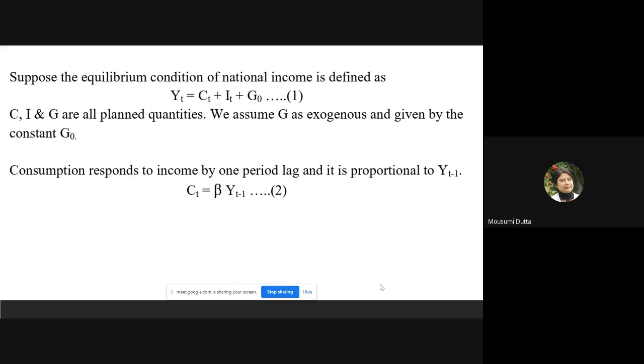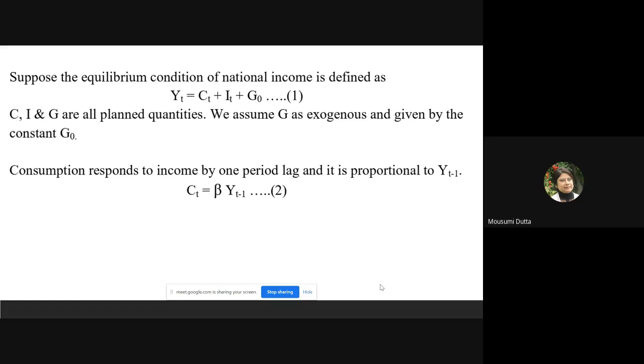On the basis of the aggregate income, on the basis of the total production, this Y is also equivalent to total output in the economy. On the basis of the total output, there will be some planning regarding the consumption expenditure. So both at the micro level as well as the macro level, it's very consistent to assume consumption in the t-th period is a function of income of the (t-1)-th period.